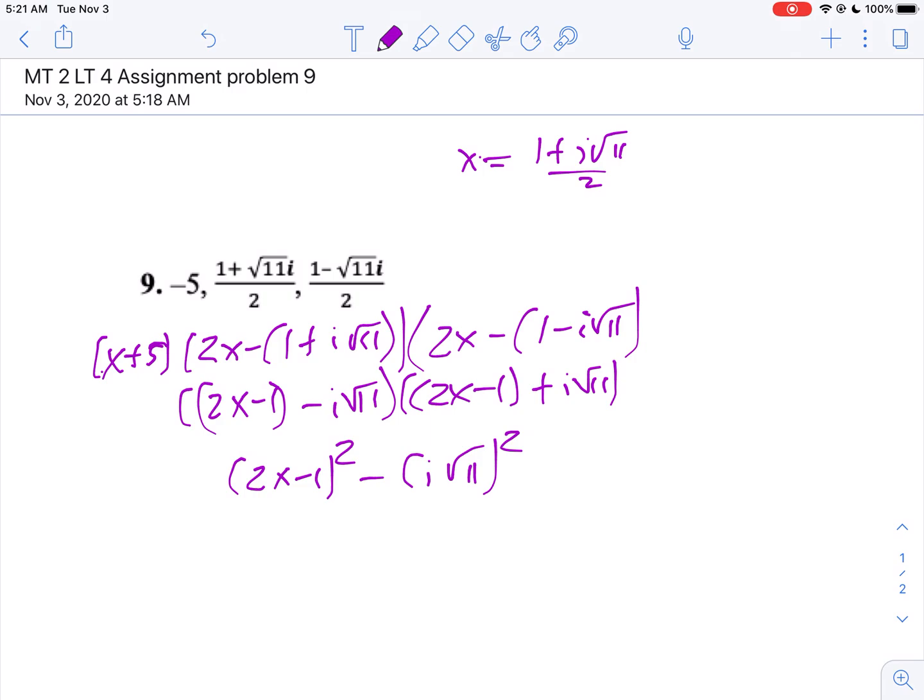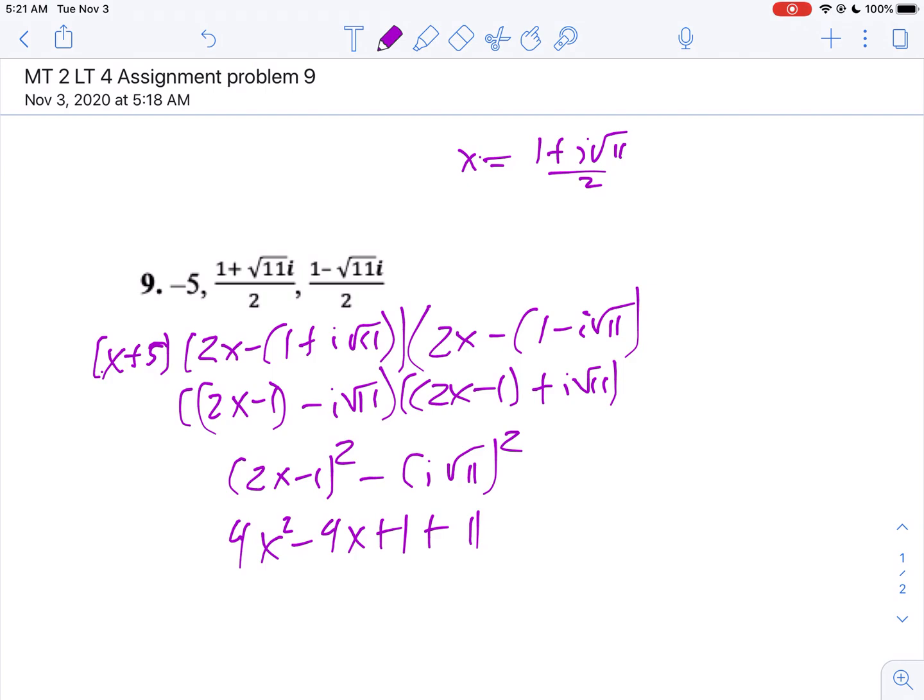Well, let's multiply 2x minus 1, so we get 4x squared minus 4x plus 1, and then plus 11, because i squared is negative 1, so it would be negative 11. We subtract the negative, we get positive 11.